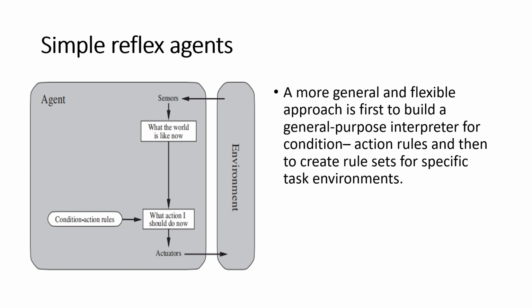Here we can see the sensors that collect information from the environment, what the world is like now. That is the percept. Then the agent program will check the condition action rules. The condition will depend upon the percept, and the corresponding action will be selected. So what action should I do now? The particular action will be selected according to the percept, and the actuator will execute the corresponding action.